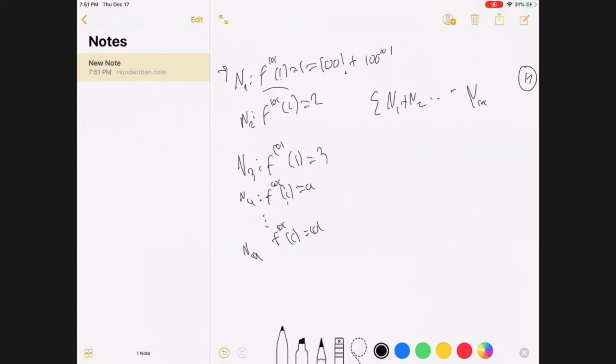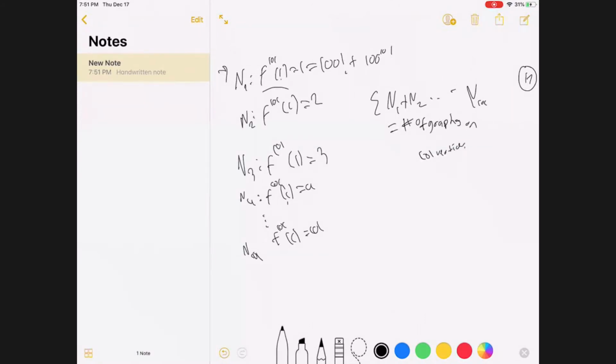We've covered every single possible value that f to the 101 of 1 can be. It can be 1, it can be 2. All those things together, f to the 101 of 1 has to be something. And so if we cover all of these cases together, this is just the number of graphs on 101 vertices.